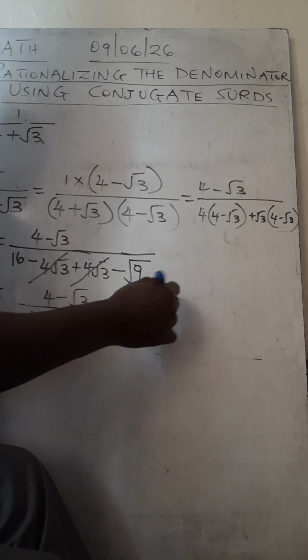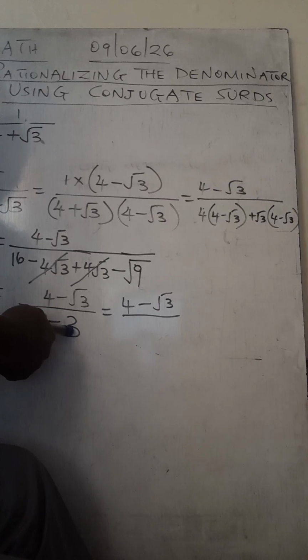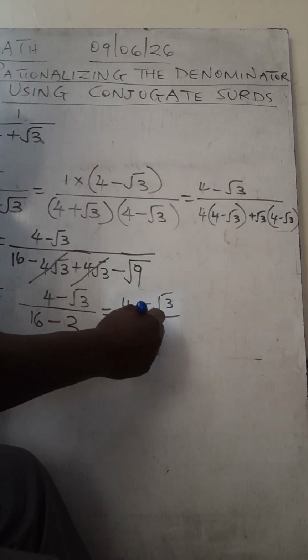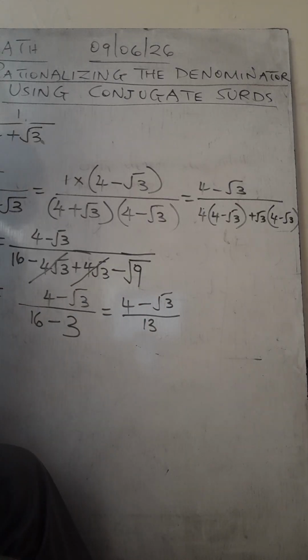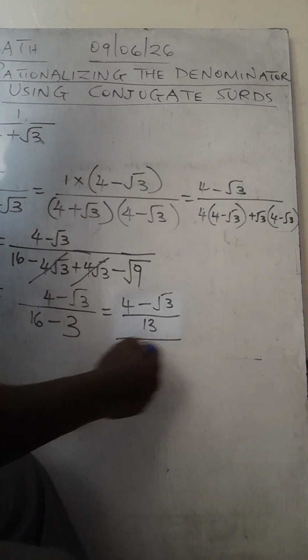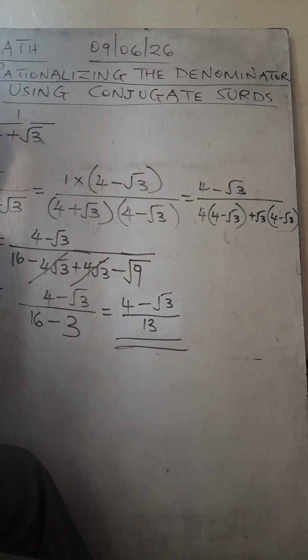So 4 minus root 3 over 16 minus 3, which is 13. So this is your final answer. Let me also look for another one.